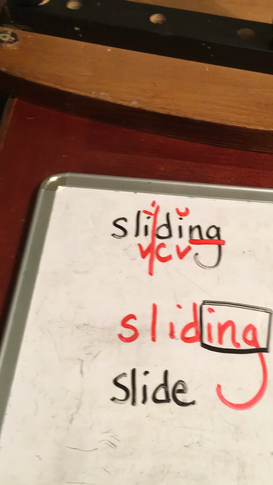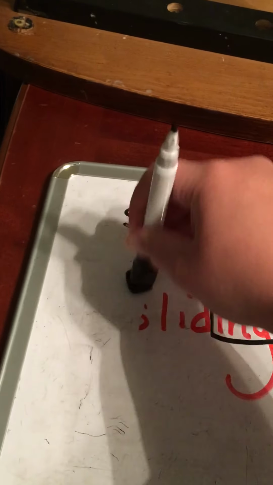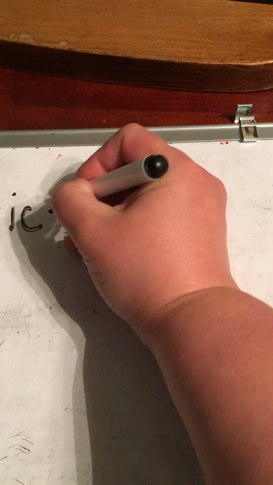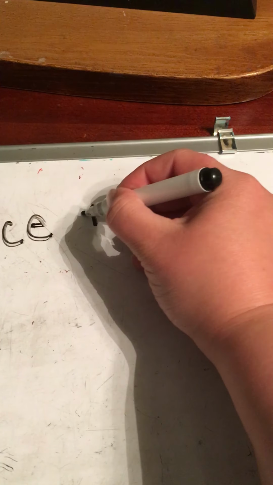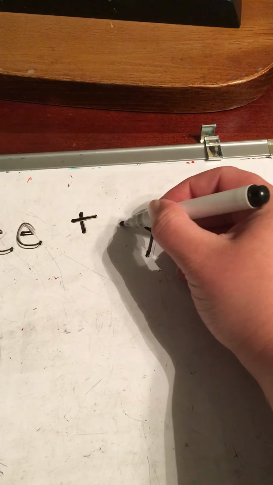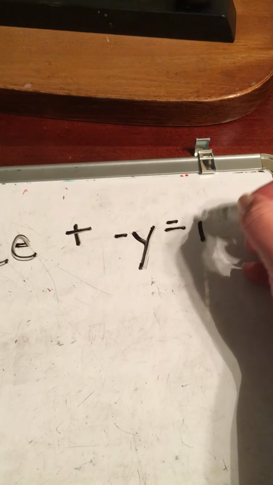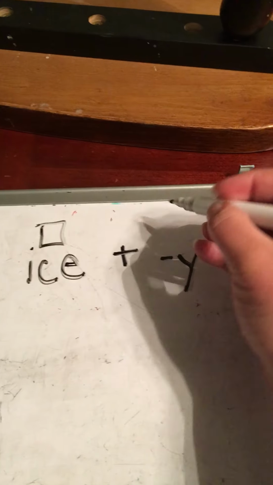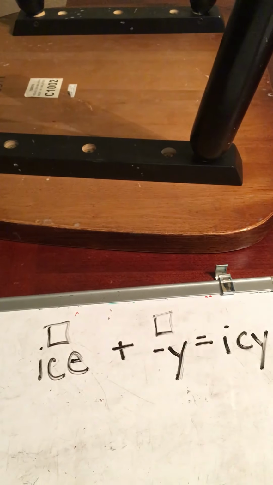I'm going to quickly erase so I have room to write our next part. All right, so I'm going to write some new words. And above them, I'm going to put some boxes. You might wonder why I'm doing that, but there is a reason.